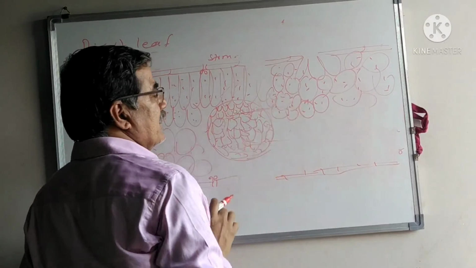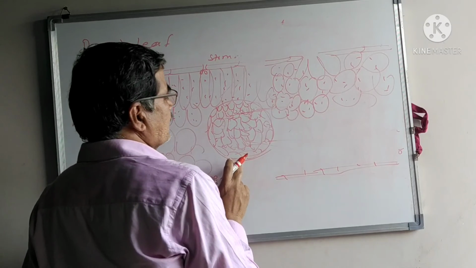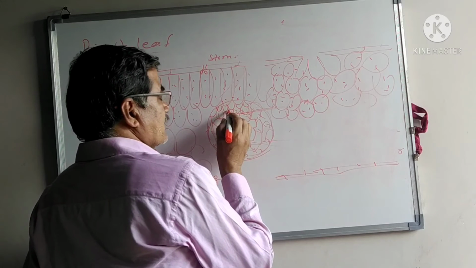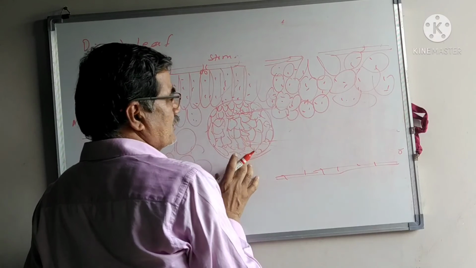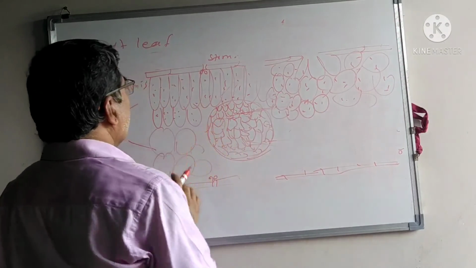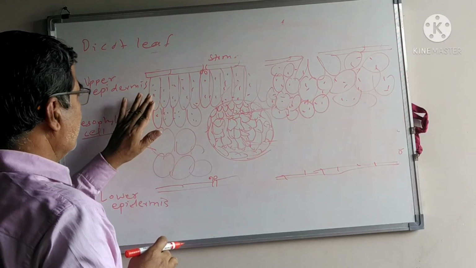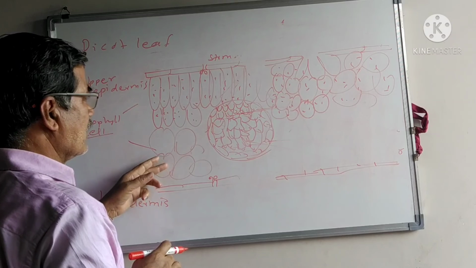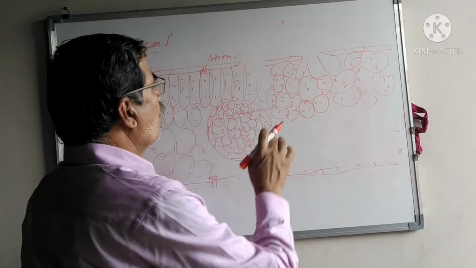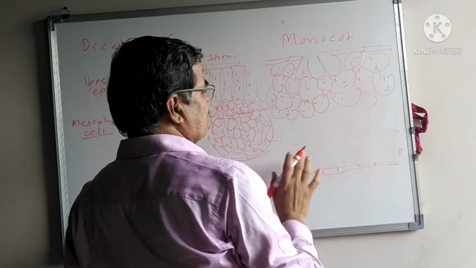There is parallel venation, and a similar conducting structure, the conductive tissue, that is vascular bundles. The vascular bundles consist of phloem towards the upper region and xylem towards the lower region, similar to the dicot. In the dicot leaf internal organization, the palisade tissue and the spongy parenchyma are present, but in the monocot leaf, only the spongy parenchyma is present.